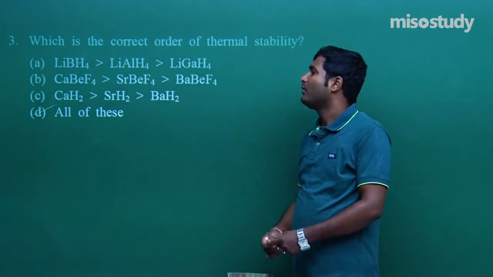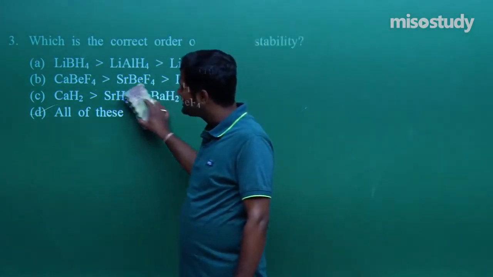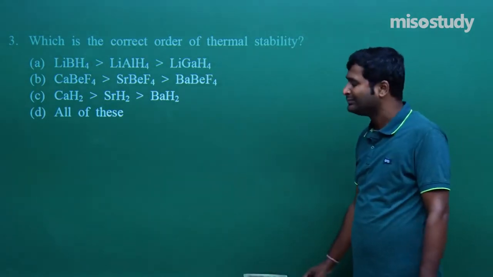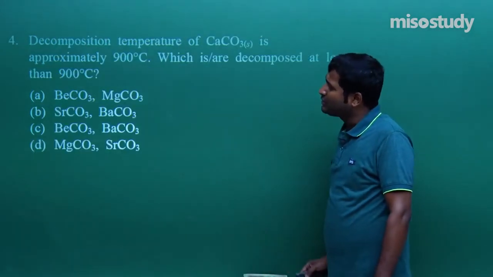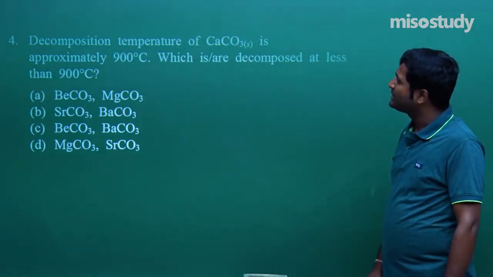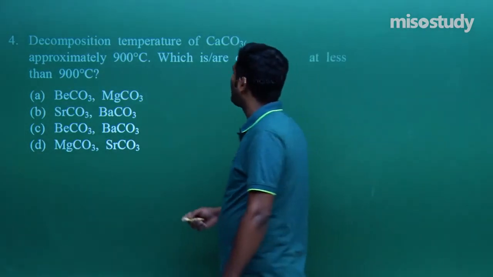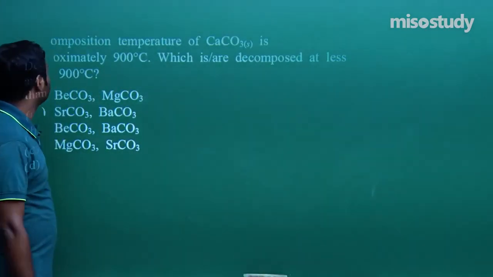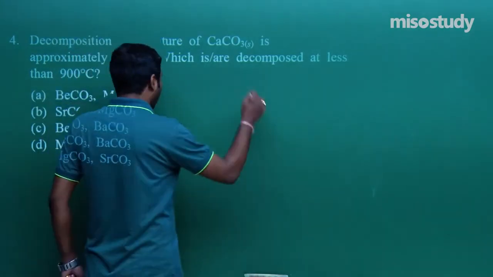Clear, friend? Now I'm going to rub this part and we'll discuss the next question. Wait for a moment, listen carefully. That is question number 4. The decomposition temperature of CaCO3 is approximately 900 degrees Celsius; which decompose at less than that?